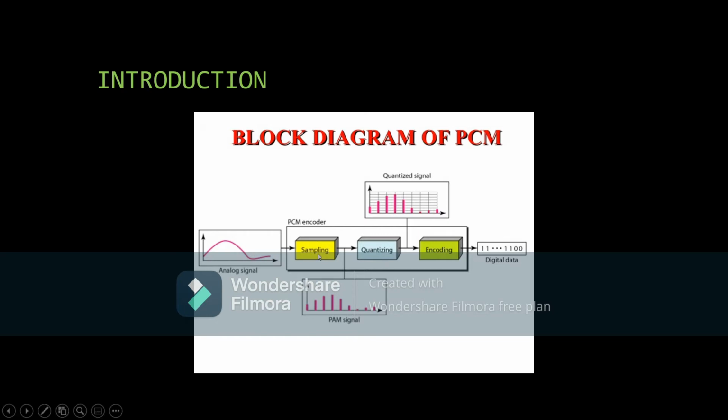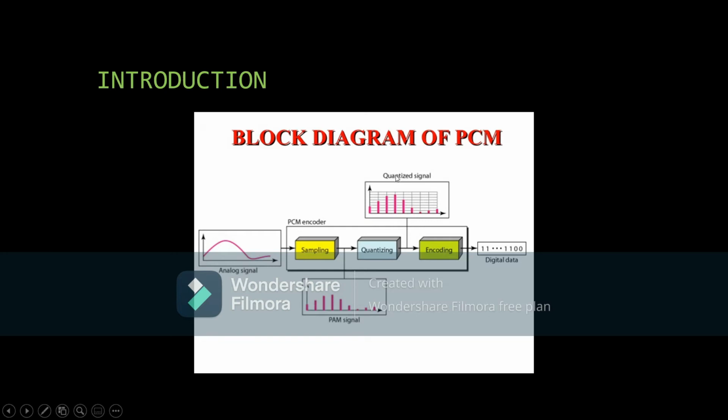Before the input goes to sampling, the input is called an analog signal. After going through the sampling process, it will produce a PAM signal that comes in this state. After that, the PAM signal will go to the quantizing process, and the quantizing will produce a quantized signal that comes in this state.